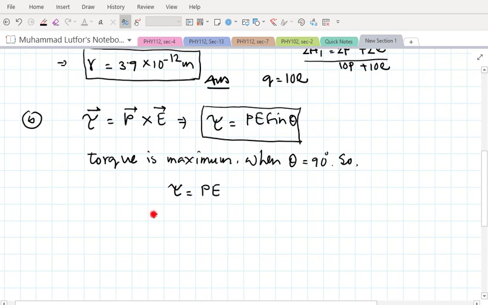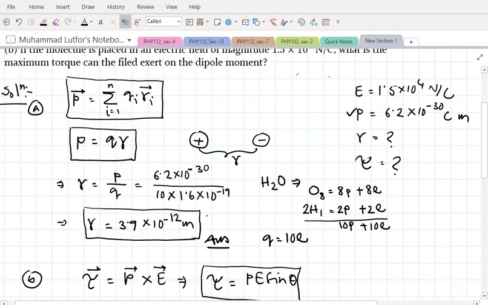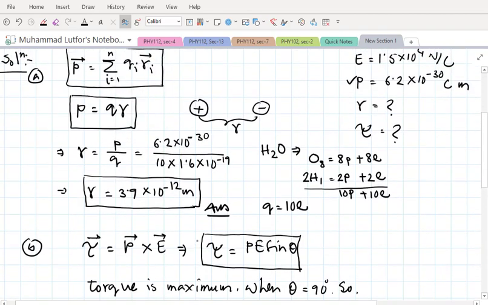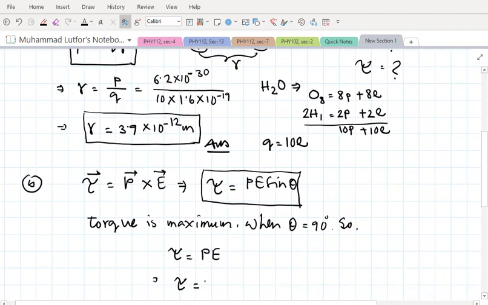Then we can find the maximum value of the torque, because we know that p, the dipole moment, is 6.2 × 10^-30, and the electric field is 1.5 × 10^4.